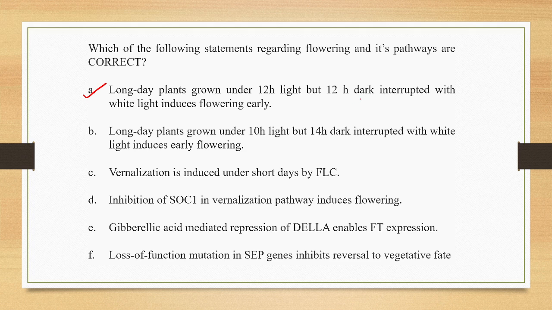See, the dark phase is interrupted with white light. That means there is an extended white light period. We are giving an extended light period. So when there is an extended light period, the flowering would happen early.